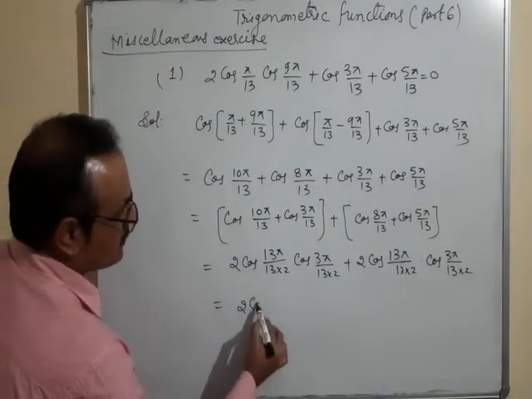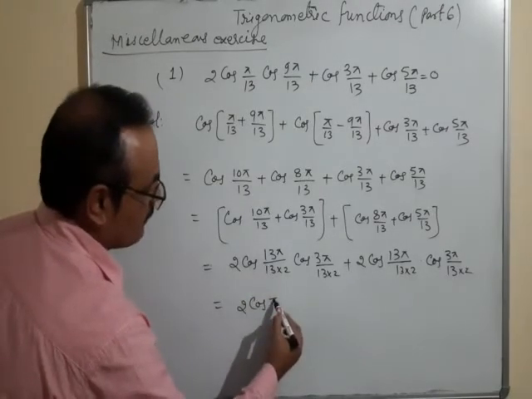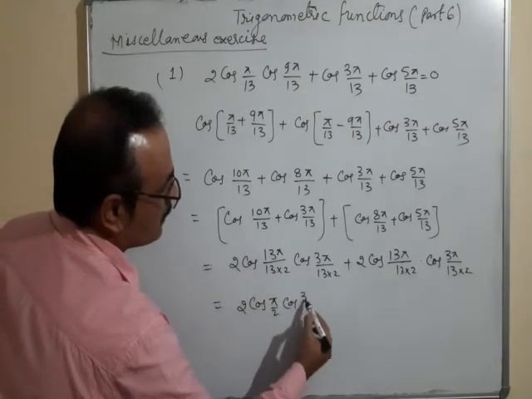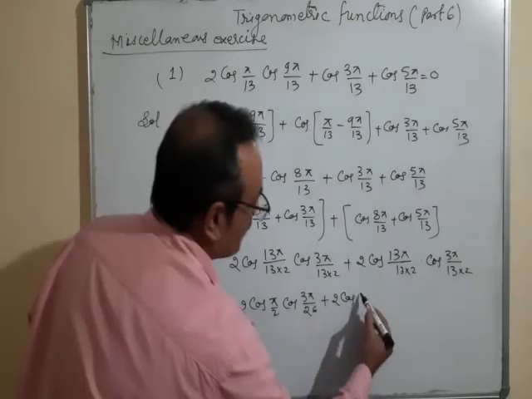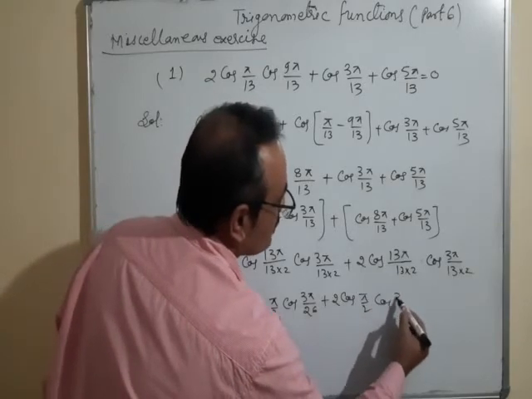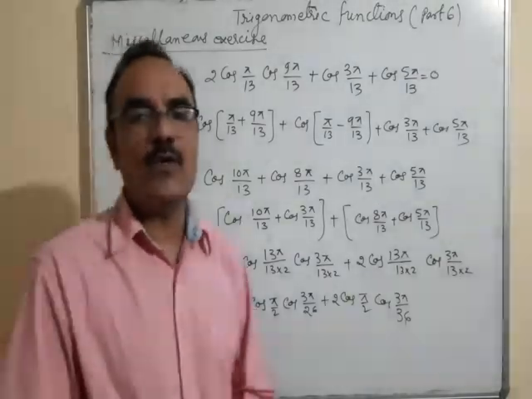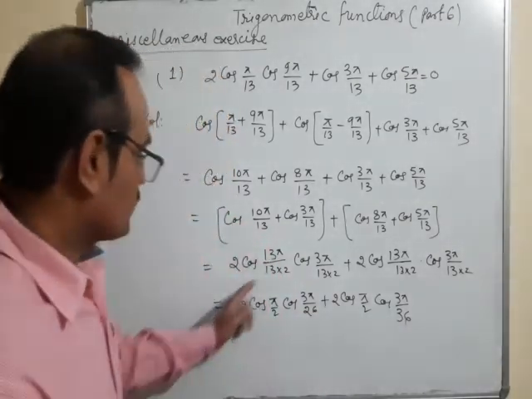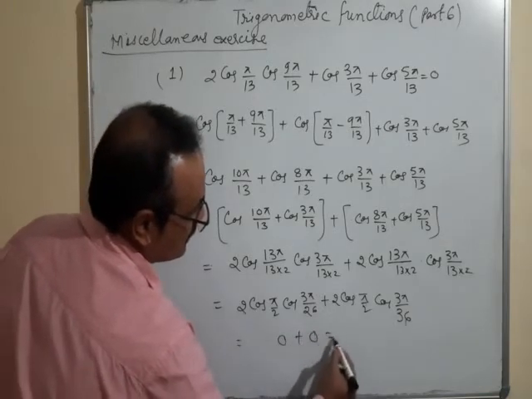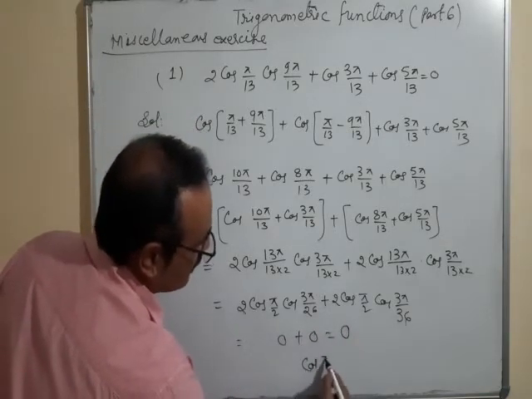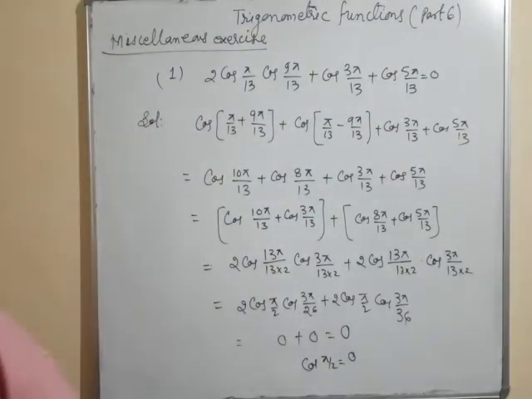So it is 2 cos pi by 2 into cos 3 pi by 26, plus 2 cos pi by 2 into cos 3 pi by 26. Now cos pi by 2 is cos 90, and the value of cos 90 is 0. So this entire term is 0 plus 0. That means it is 0 because cos pi by 2 is equal to 0. So that is question number 1.